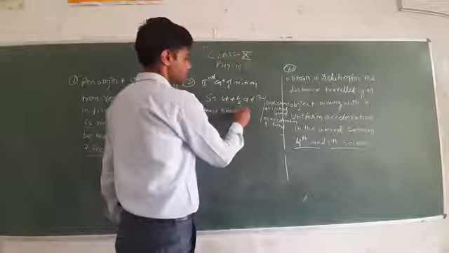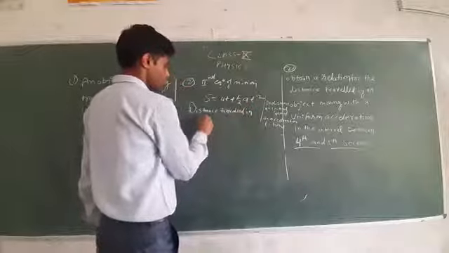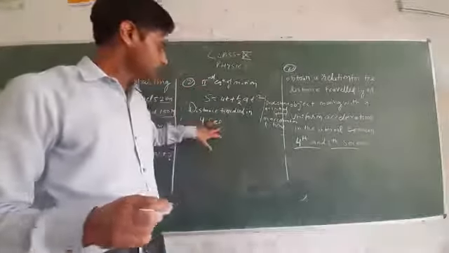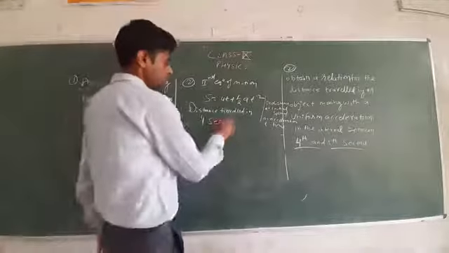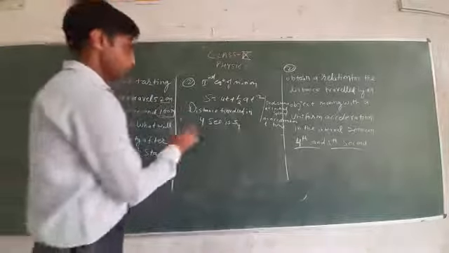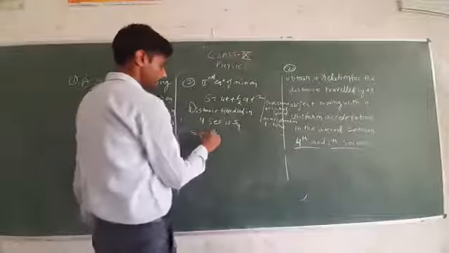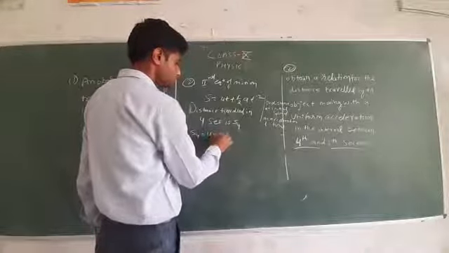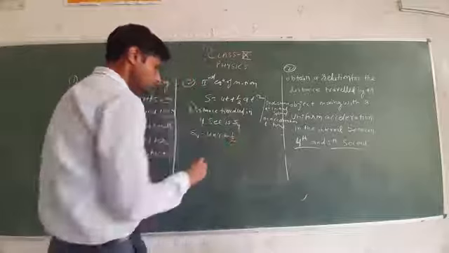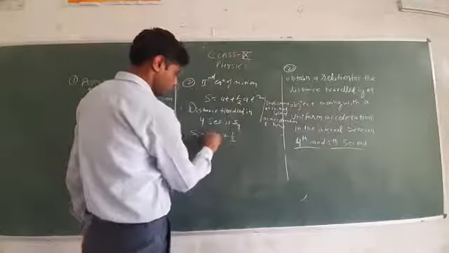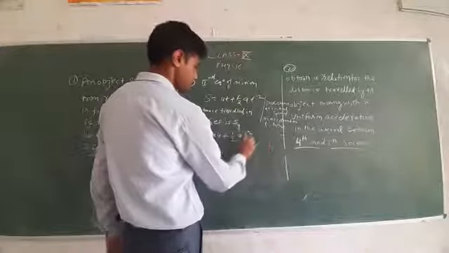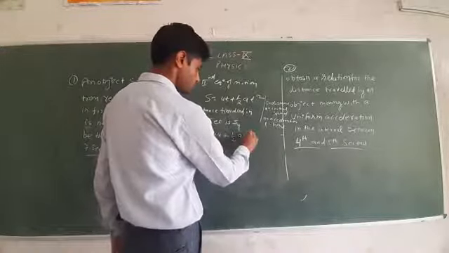Okay, so the distance traveled in 4 seconds is S4. So S4 equal to u into 4 plus 1 upon 2 a t square, where u is initial velocity and t is 4.